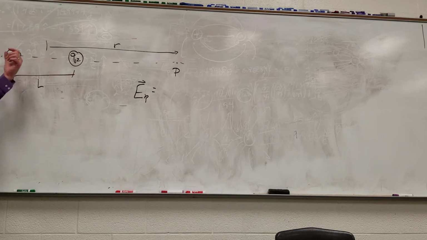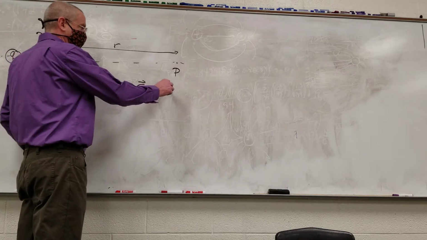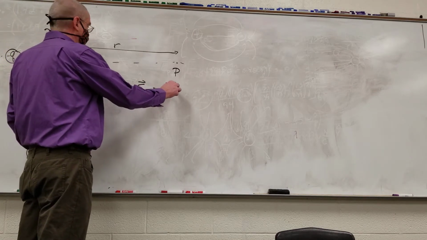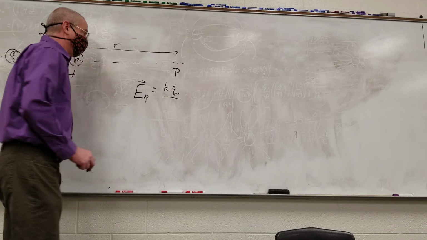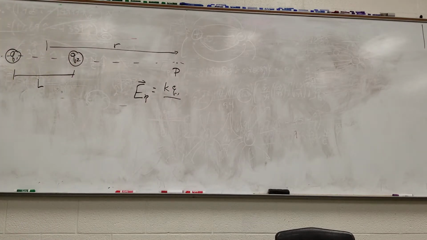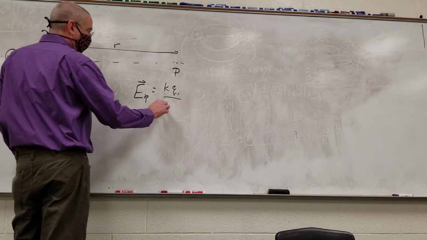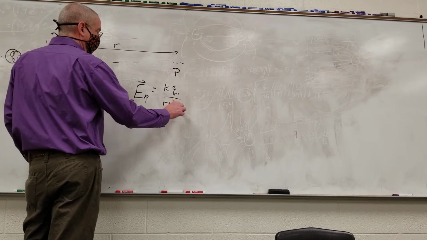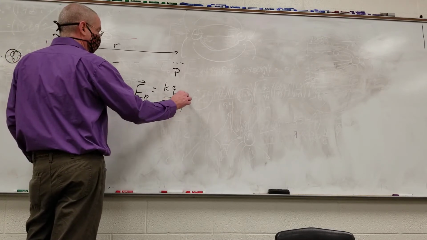All right. So the electric field from each of them. I guess kQ1 over, what's the distance? L plus R squared. Or, I mean, that's like half, right? So 1/2 L. All right, so half of L. So R plus half of L squared.